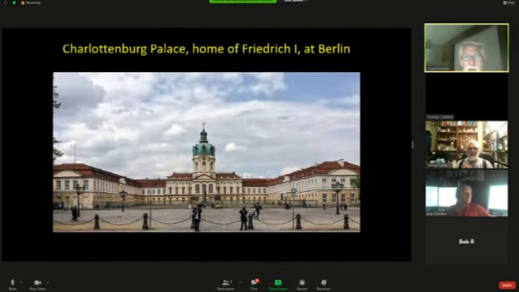And so meanwhile, back in Berlin, this was the Charlottenburg Palace that Frederick I lived in, and he had in this palace a room totally lined with amber that had been acquired from the Baltic region.